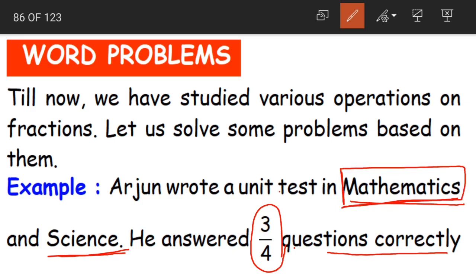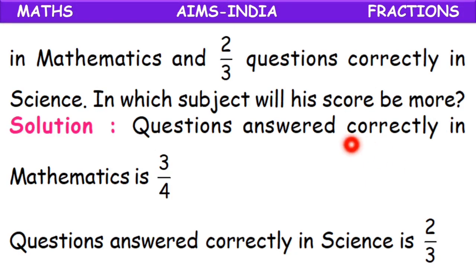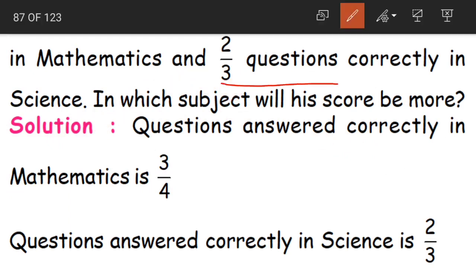In mathematics, what did he do? He answered only 3 by 4 questions correctly. And when it comes to science, he answered 2 by 3 questions. 2 by 3 questions means of the total number of questions from the subject science, he answered only 2 by 3 correctly. Understood the question, children?